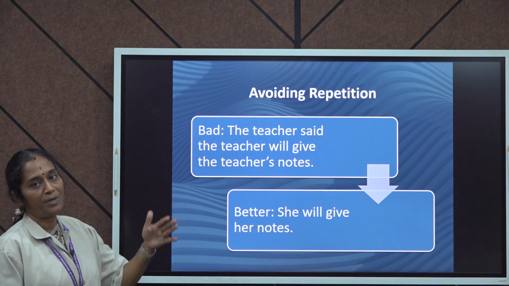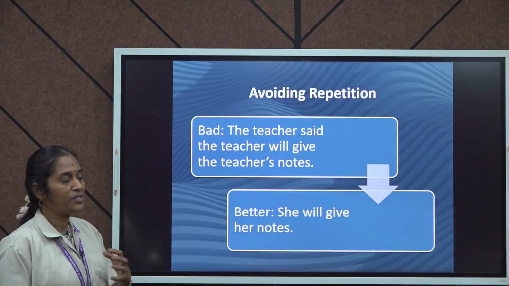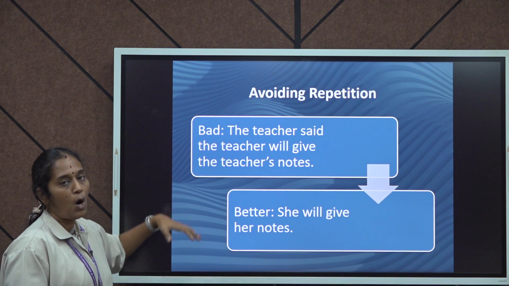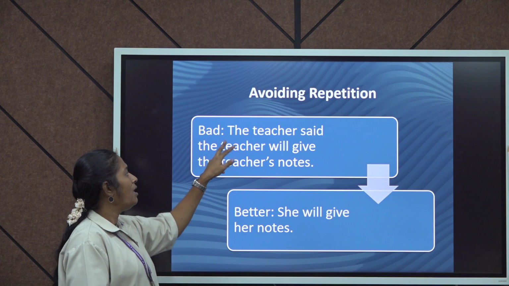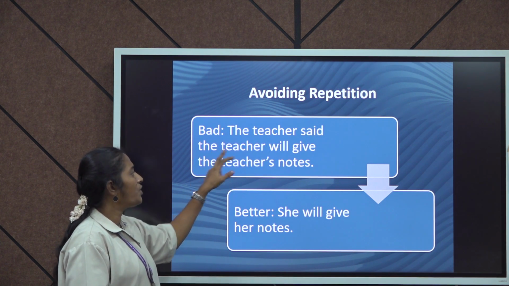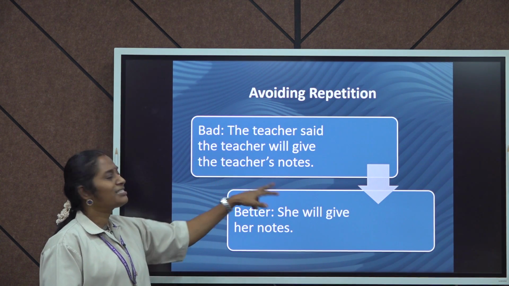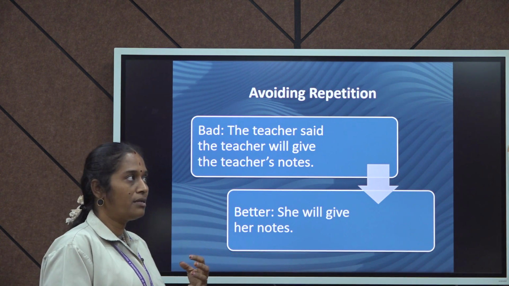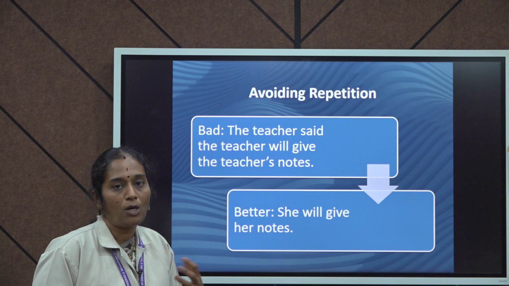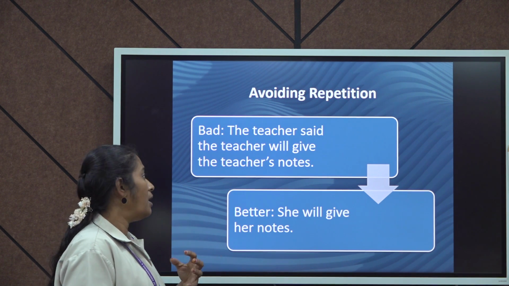Here, avoiding repetition. How we should avoid repetition. I have given 2 samples. How we have to avoid it. Here I have given a bad example. The teacher said the teacher will give the teacher's notes. As I told you earlier, like Ram, we repeat the word always when we use it again and again.